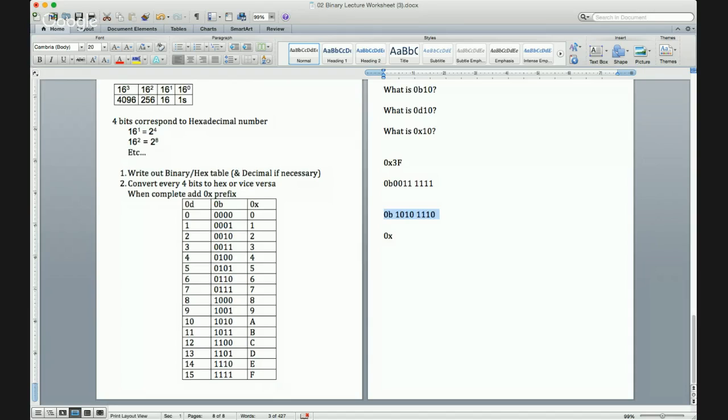Again, all I needed to do was go to my table and match the pattern. Well, what is 1010? A. What is 1110?